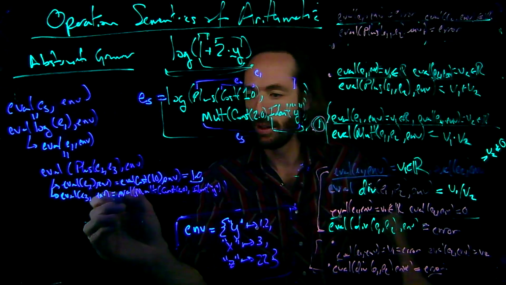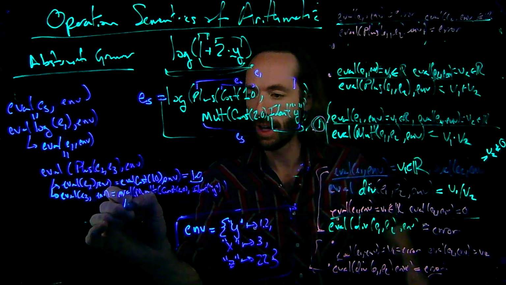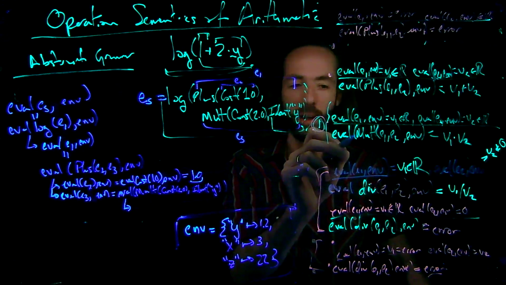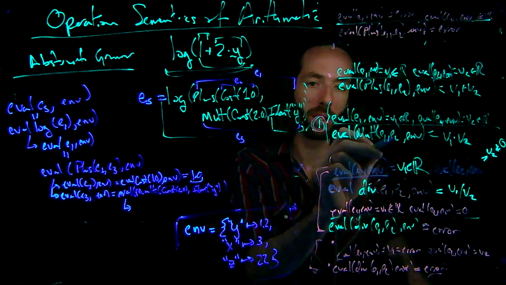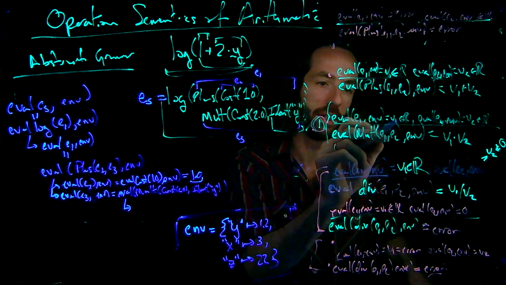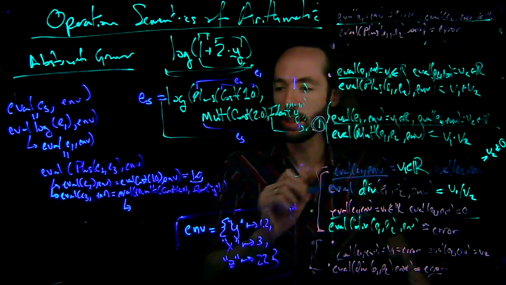And how do we evaluate this? Well, this guy has some subcalls. We look over here at our rule for evaluating multiplication. What do we have to do? We have to evaluate the left-hand term first, get a number, evaluate the right-hand term, get a number.